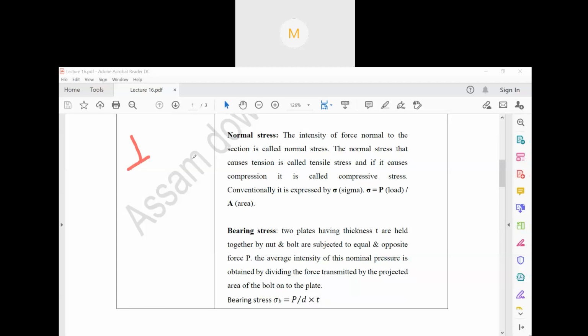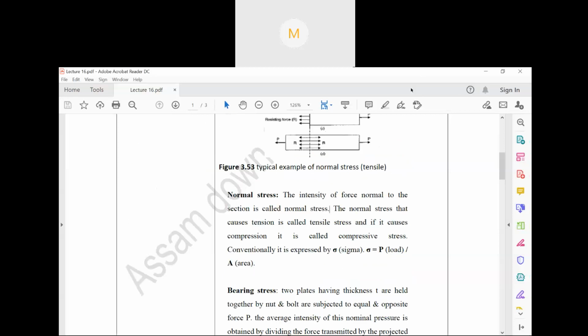Now suppose you take this example. Stress, as we know, is defined as force per unit area, right? So this is the unit area, and this area will be considered. Now this is the force, and it is perpendicular. So it is known as normal stress. Got it?